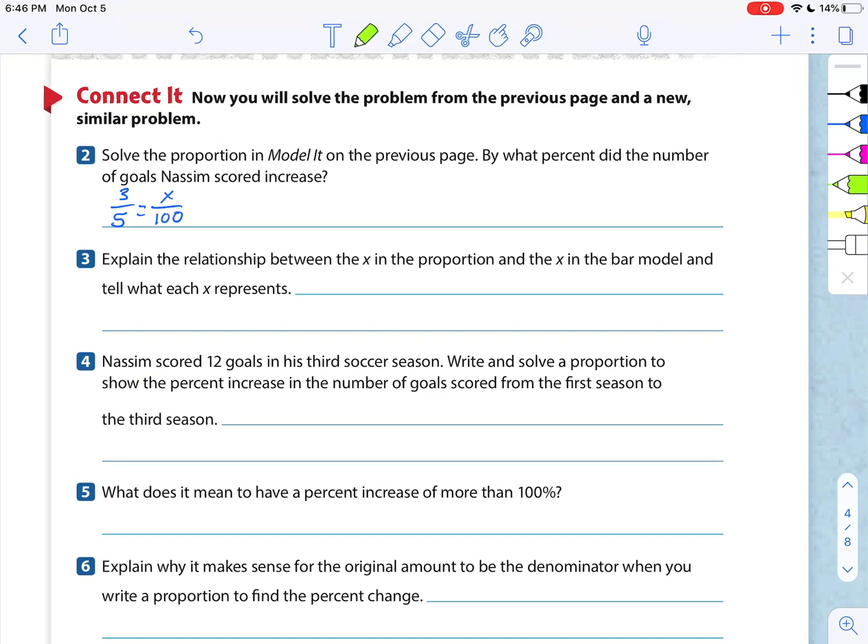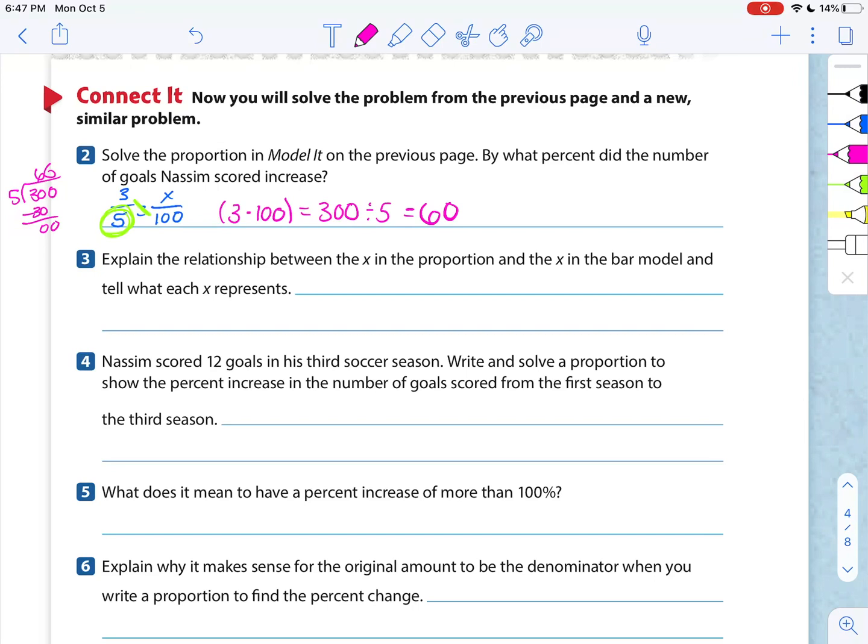Just like we talked about a second ago, we're going to cross multiply 3 times 100 and then divide by 5. So 3 times 100 equals 300. And then 300 divided by 5 equals 60.